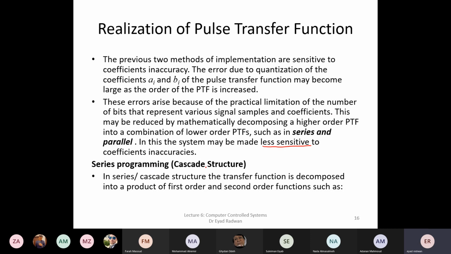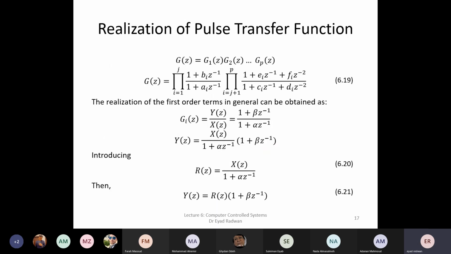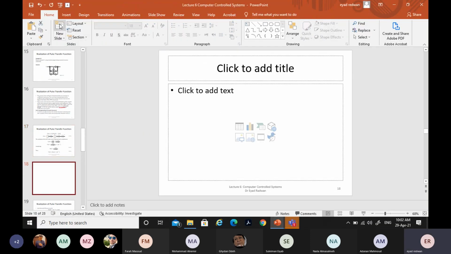طيب السيريز بروجرامينج، كيف السيريز بروجرامينج أو نسميها الكاسكيد ستراكشر؟ في هاي الميثود إذا أنت عندك transfer function such as g of z, you'll break it down into a multiplication of first order and second order terms. يعني حيكون في عندي g of z الترم بتاعتي. خليني اخذ سلايد. اوكي هلا اللي بيصير كالتالي، انا عندي function اسمه g of z بشكل عام.